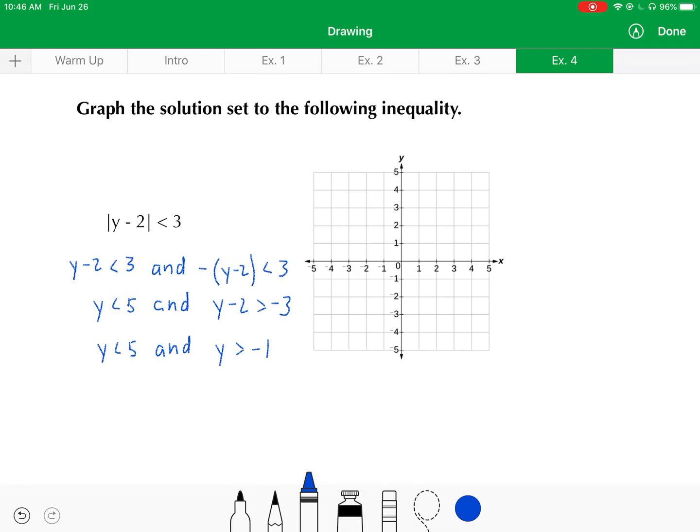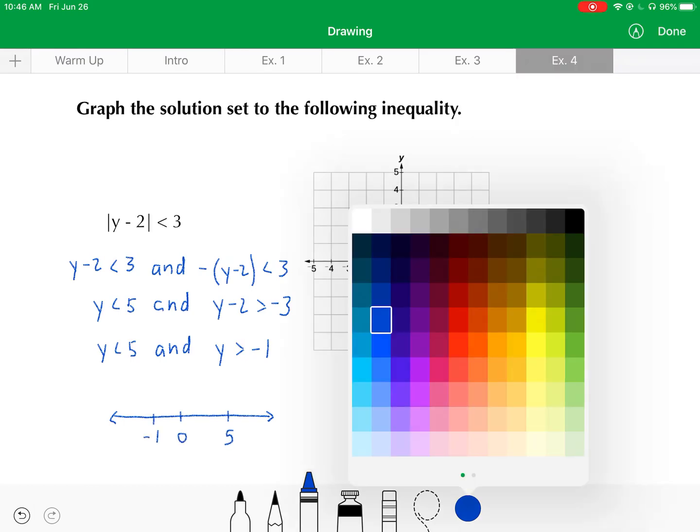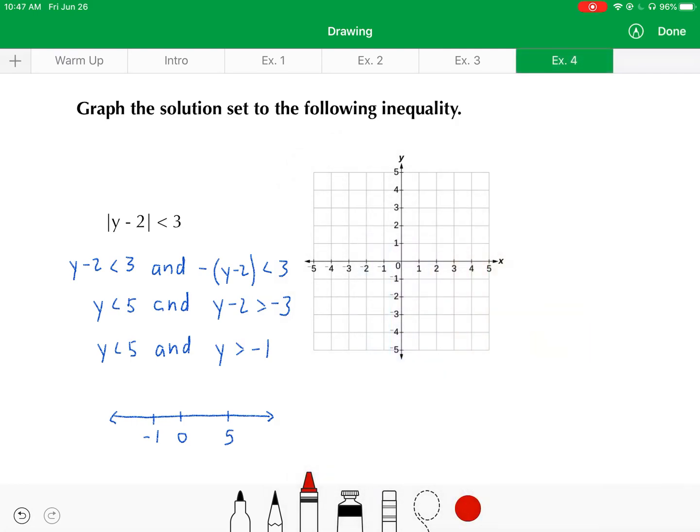So technically, since this is in one variable, we could graph it on the number line rather than in the coordinate plane. So on the number line, it simply looks something like this, right? If y is less than 5, go this direction, and y is greater than negative 1, we go in this direction.